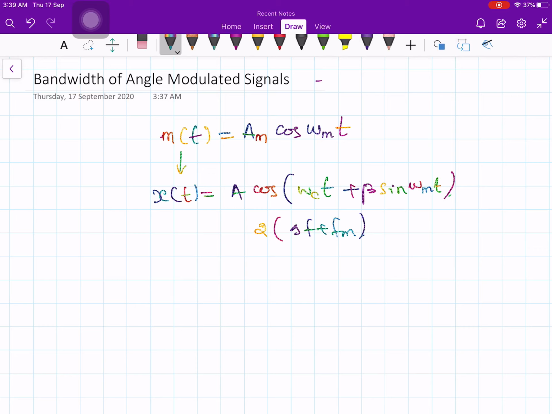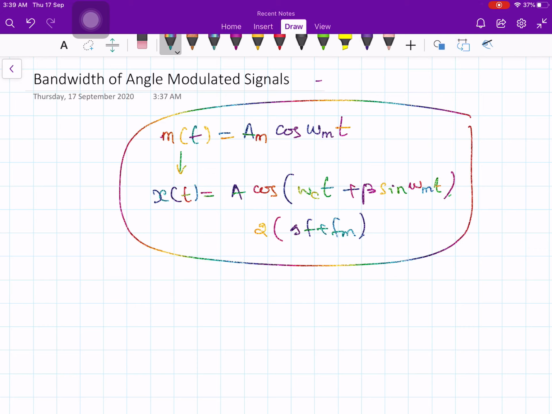So this is all for a sinusoidal modulating signal. Now let me take a general signal, m of t is a general signal. Then what is the bandwidth of the angle modulated signal?